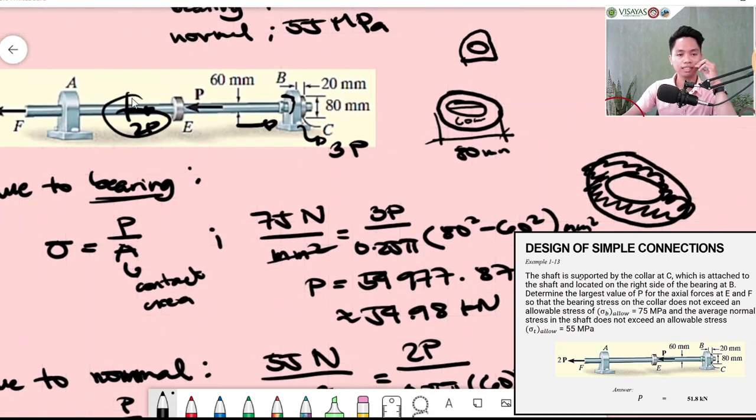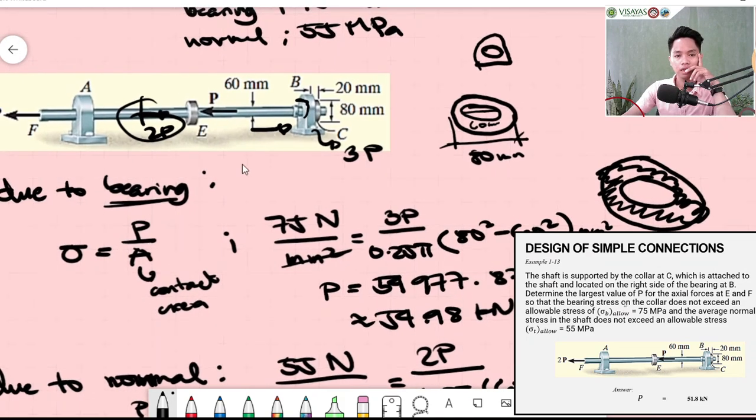If you are going to cut a section here, this would be 2P. If I'm going to cut a section here, 2P. This one is 3P. So our value for the normal is still 3P, not 2P.